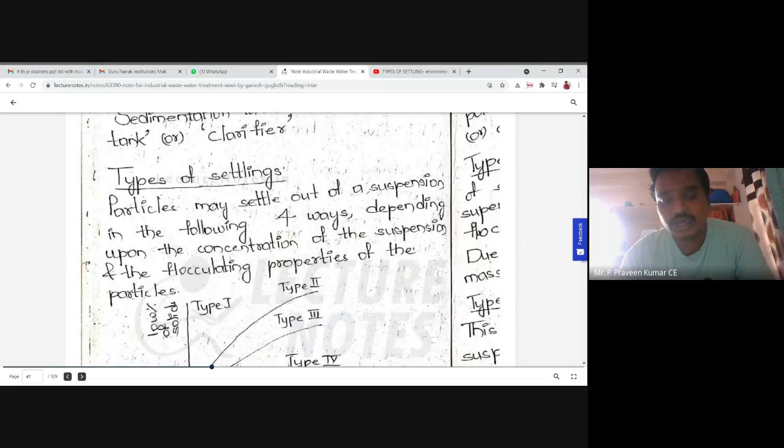Types of settlings is nothing but we are treating the wastewater, right? Here the particles, the colloidal particles, the pathogens, whatever the discrete particles which are present in the water, will be settled at the bottom of the tank. Okay, how are they going to be settled? What are the types of these settling particles? Okay, that we need to understand.